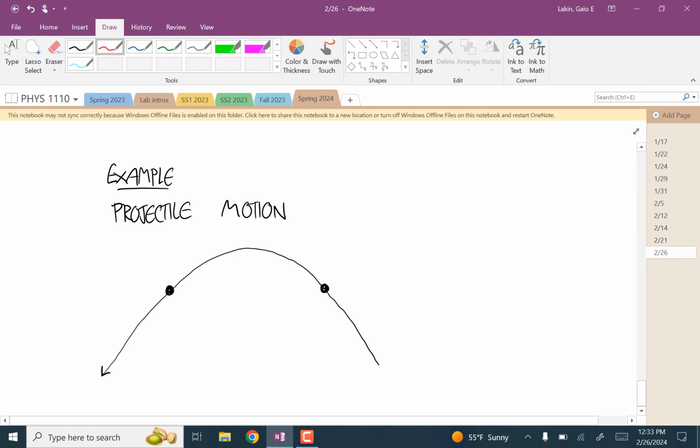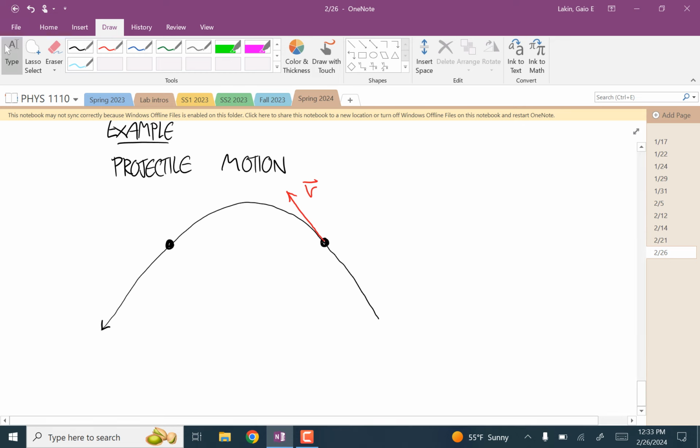So first, when the object's on the way up, the velocity vector is tangent to the path in the direction of motion. When a projectile is on its way up like that, is it speeding up or slowing down? Slowing down, that's right.